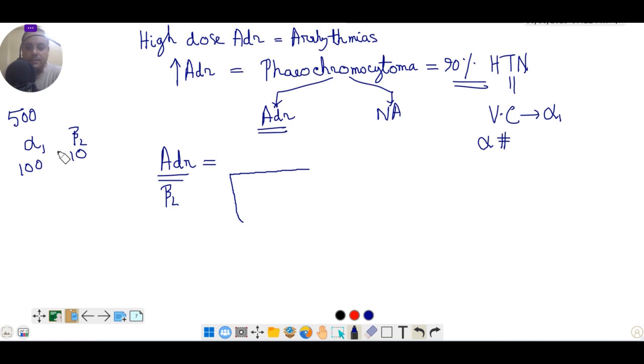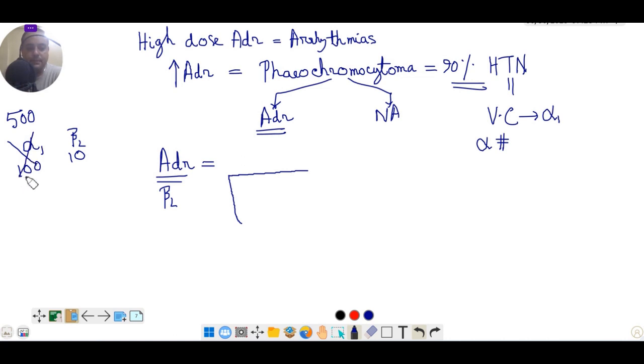Now since you have given an alpha blocker, this is not going to happen. The entire 500 molecules of adrenaline is going to act on the beta 2. The level of hypotension will be much more because the entire adrenaline is now acting on the beta 2 receptors only.